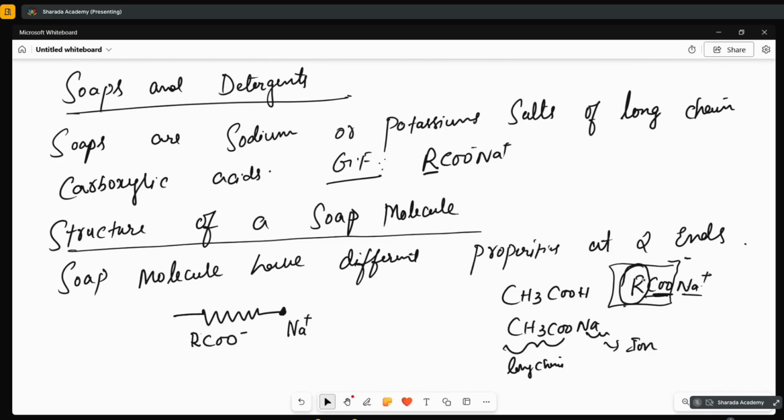Usually the covalent compounds will not dissolve in the water, whereas the sodium ion or a potassium ion will dissolve in the water. So the molecule contains both the carboxylic acid chain as well as the ion. This part will dissolve in the water, whereas this portion will not dissolve in the water.